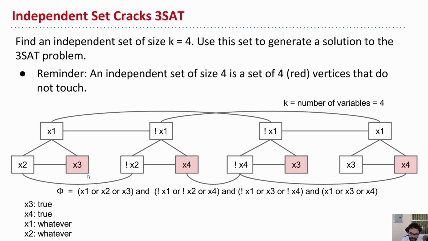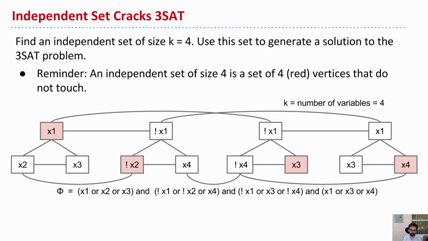Now the second part was, how does that solution to the independent set problem help me? Well, I can just say that any vertex I colored red, that statement is true. Anything white, we don't really care. So in this case, we're saying x3 is true, x4 is true, x3 is true, x4 is true. So one possible solution to this 3-SAT problem is that x3 is true, x4 is true, and we don't even care what x1 and x2 are, and that will satisfy the constraints.